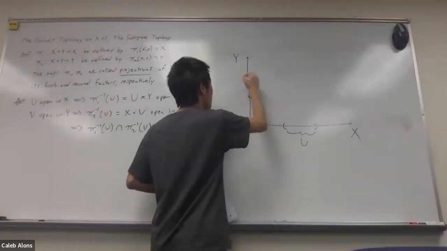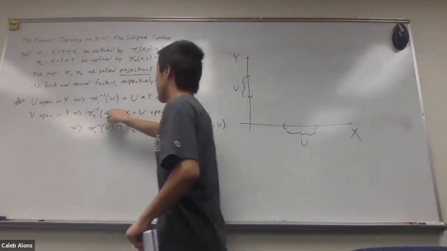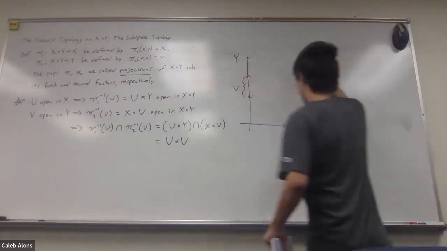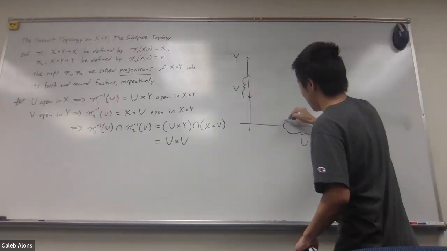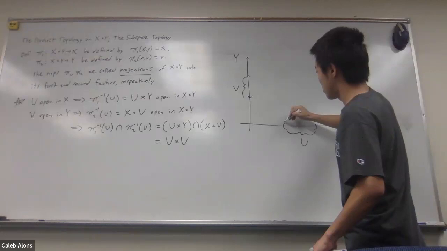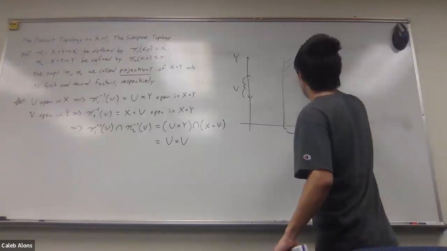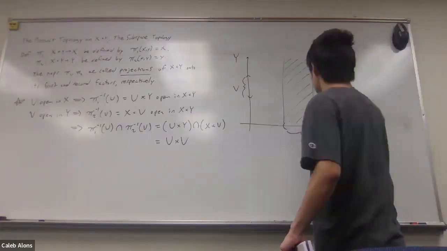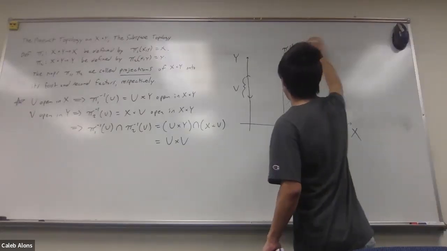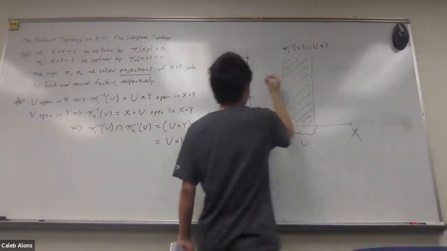And if I think about the way that this is taking X, Y to X, and then if I go backwards and try to see what it's going to come out, it's going to be this cross product U cross Y. So this is represented by our P1 inverse image of U, which is U cross Y. And then the same way, we can do the same thing in this direction.